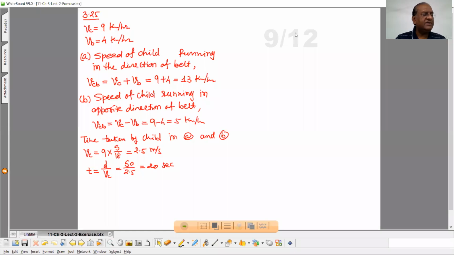Now example 3.25. On a long horizontally moving belt, a child runs to and fro with a speed 9 km per hour with respect to the belt, between his father and mother located 50 meters apart on the moving belt. The belt moves with a speed of 4 km per hour for an observer on a stationary platform outside.